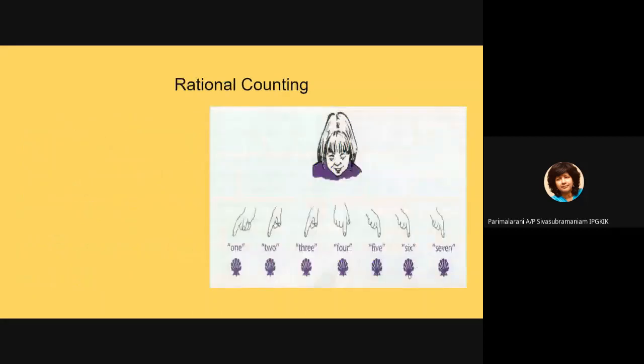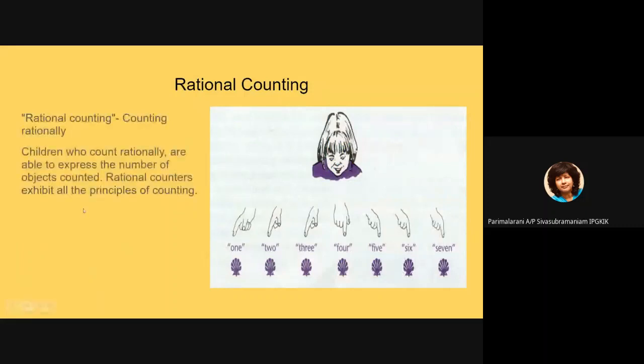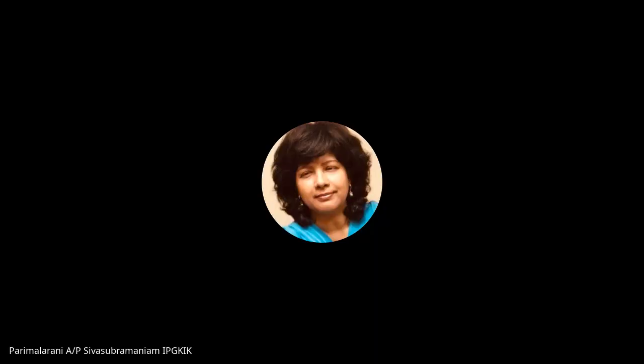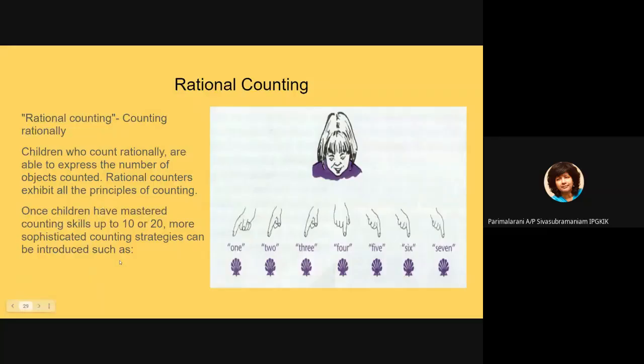Now, rational counters. These are children who count rationally. They are able to express the number of objects counted. They have mastered all the 4 principles of counting. Once children have mastered counting skills up to 10 or 20, then you can teach them more sophisticated counting strategies.